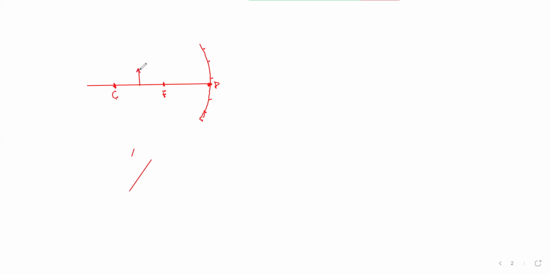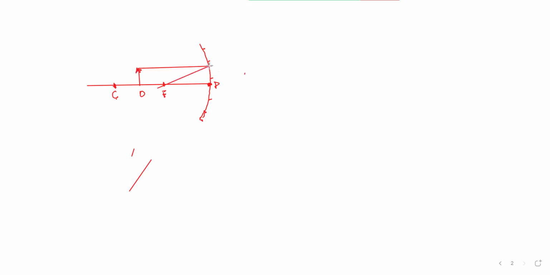So there's the head of the object. O indicates the object. A ray from the object hitting the mirror will be reflected.